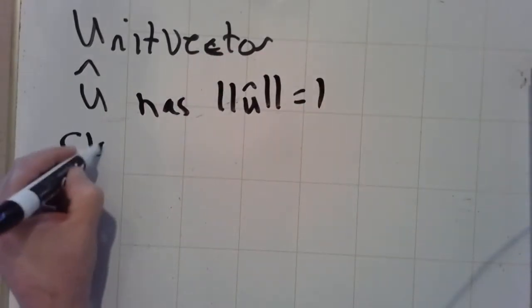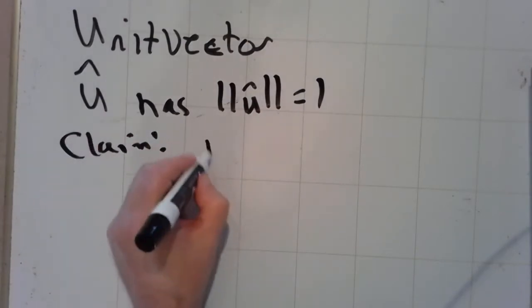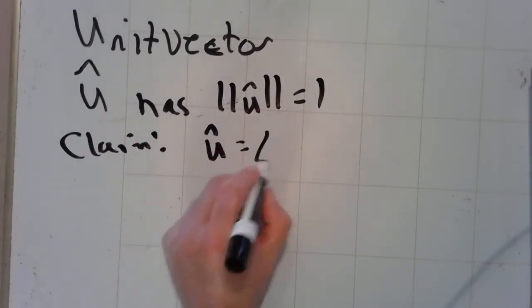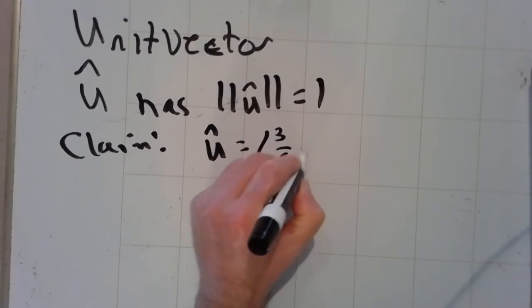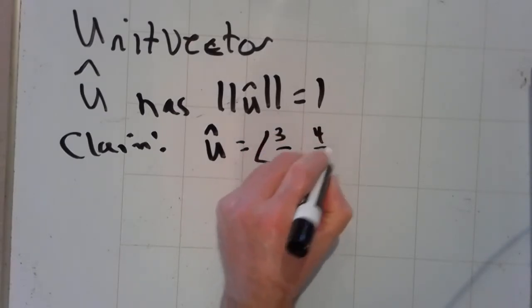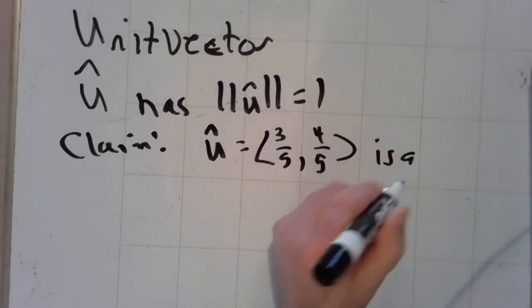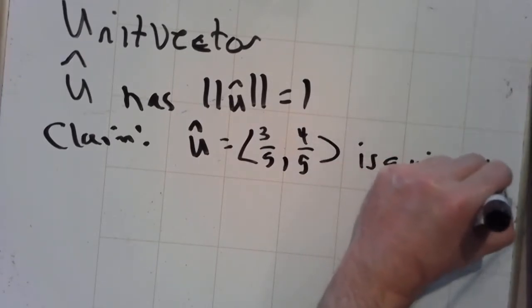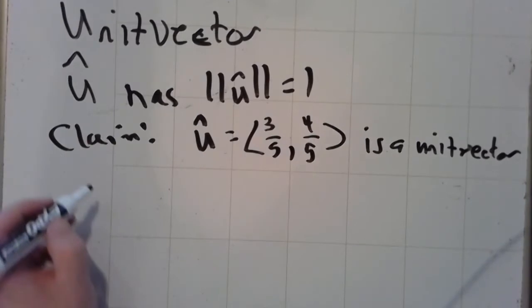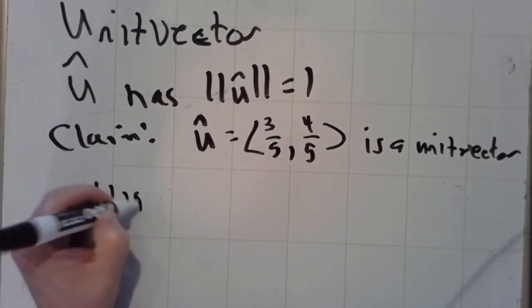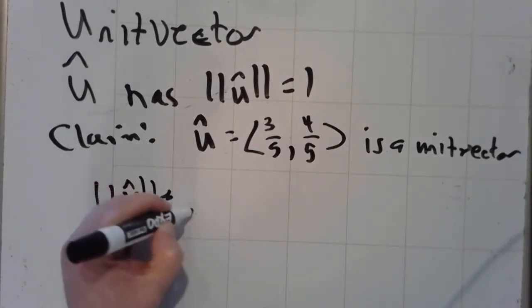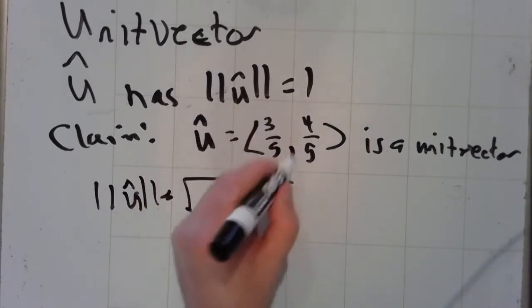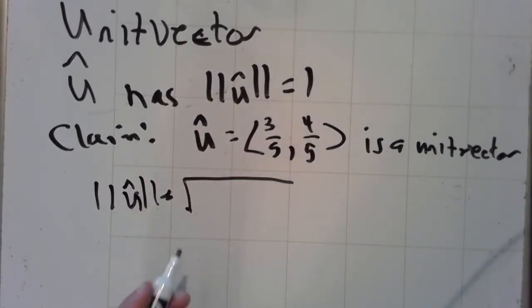So I claim that this vector, u hat, is (3/5, 4/5), a unit vector. Let's check and see. Its magnitude would be the square root of x squared plus y squared.